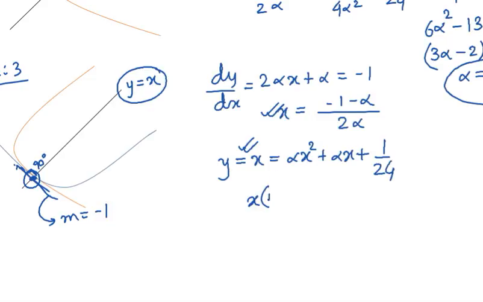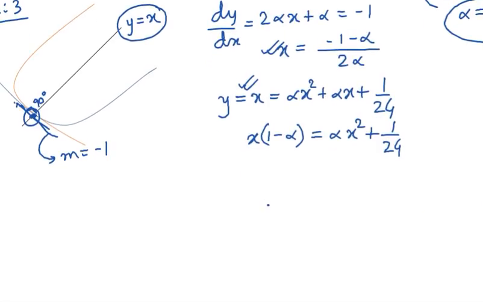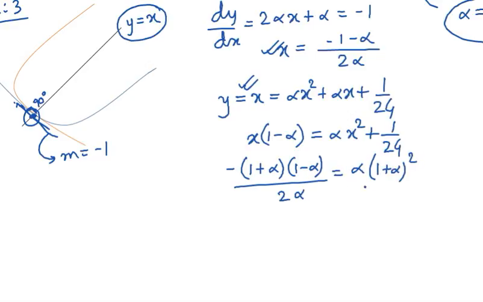So again, solving the value of x like the previous case, let us substitute the value of x here in terms of alpha. So it will become minus of (1 plus alpha) into (1 minus alpha) by 2 alpha is equal to alpha into (1 plus alpha) square divided by 4 alpha square plus 1 by 24.